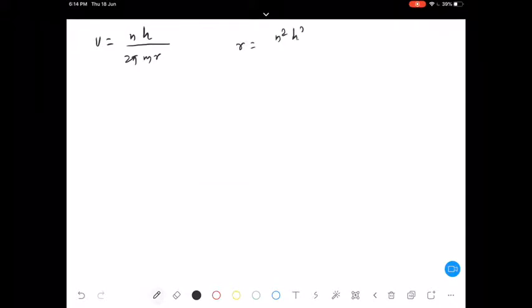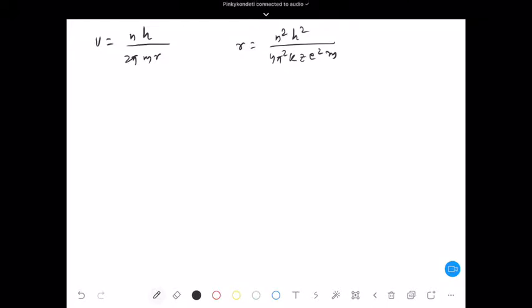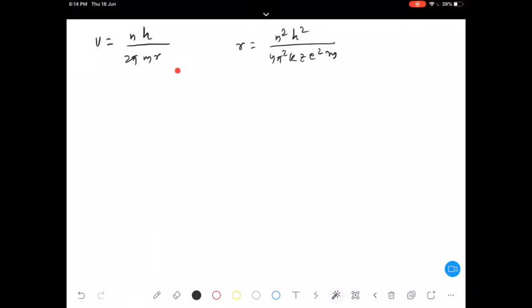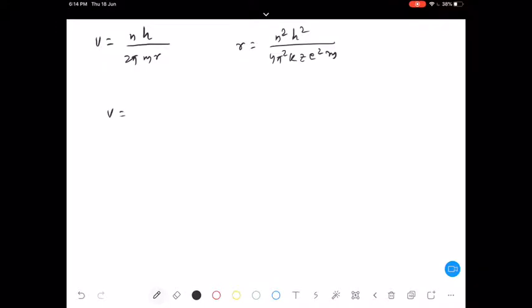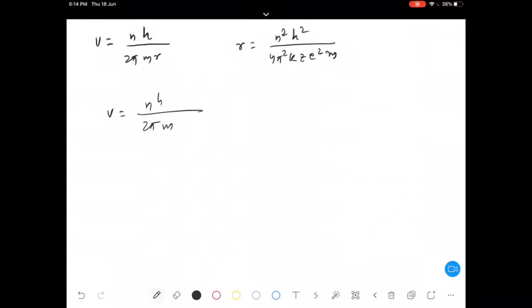And the radius we have defined as n square h square upon 4 pi square k z e square into m. Next, we have to just put this value in this expression. By putting this value, we obtain v will be equals to nh upon 2 pi m, r value n square h square upon 4 pi square k z e square m.